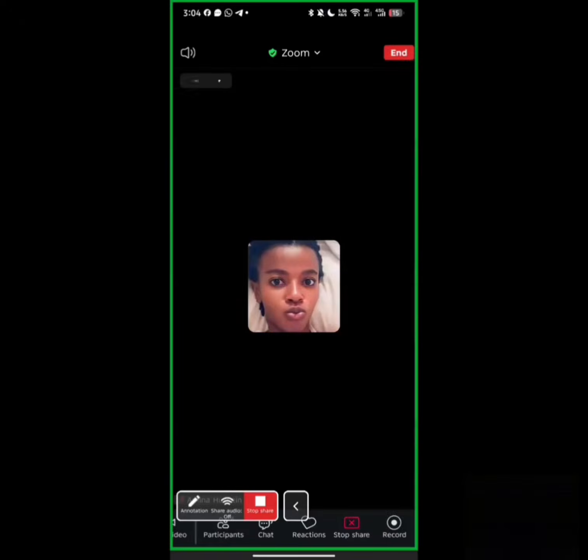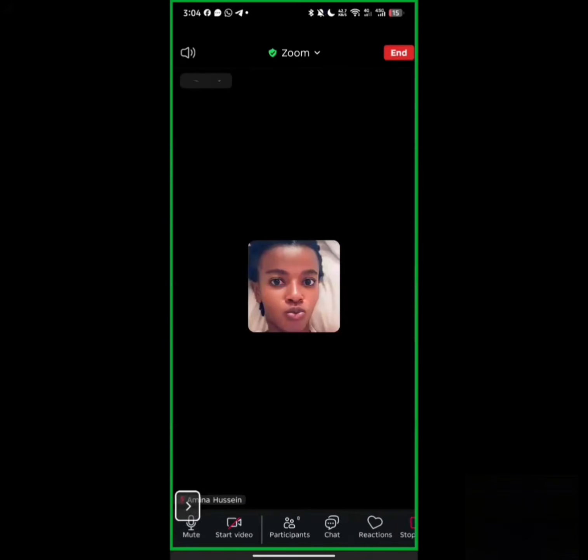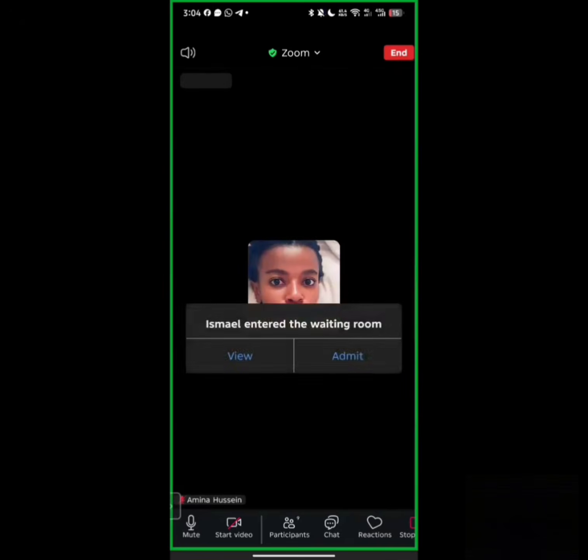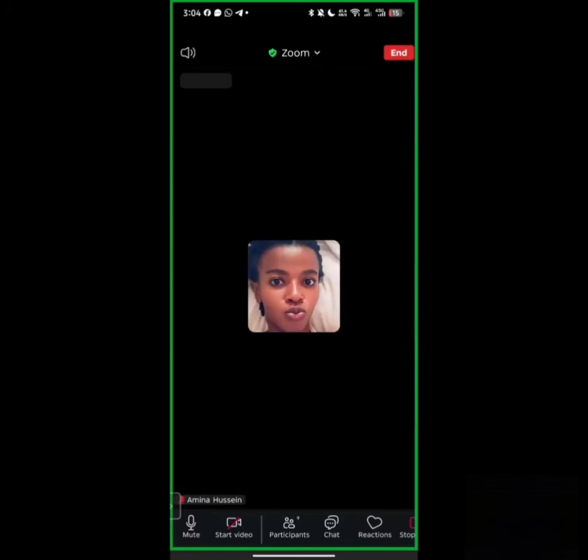Okay, I hope you can see my screen. You can use the reactions, use the chat, so that I can be able to hear if you can see my screen. Let me know if my screen is visible.